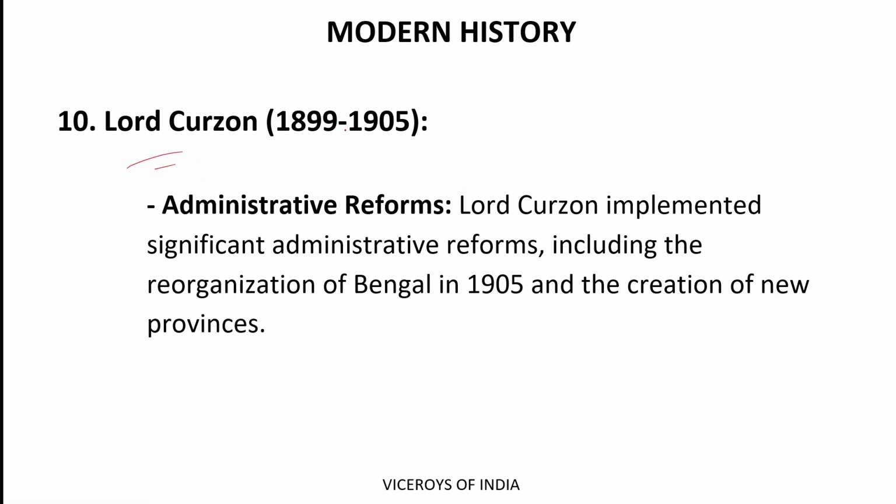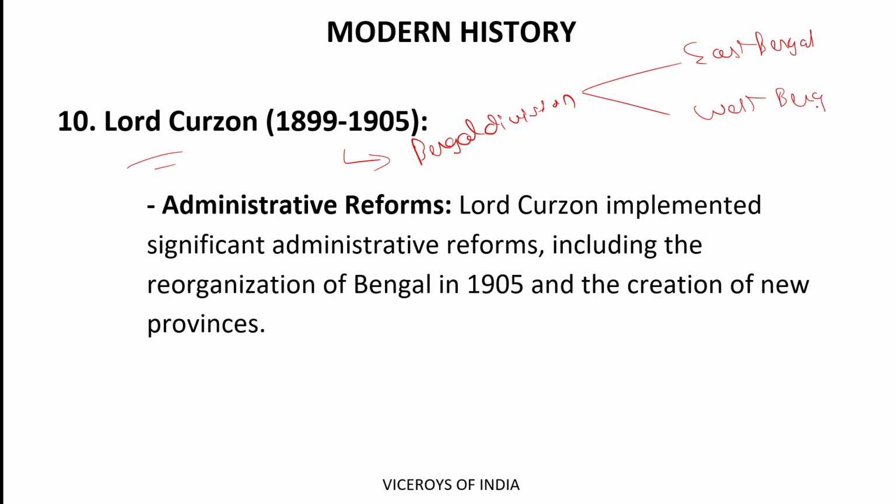Now we have Lord Curzon. Basically, he was a person who divided Bengal into two parts, East Bengal and West Bengal. Got it? This East Bengal, after independence, was converted into East Pakistan, which remained as East Pakistan from 1947 to 1971.